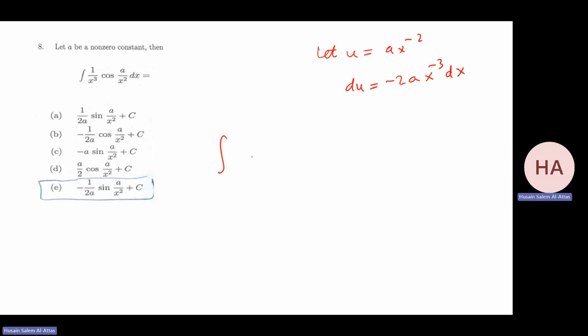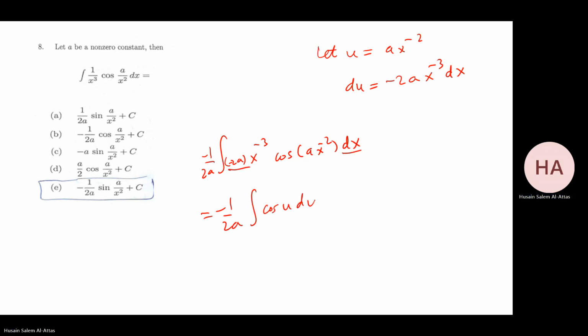This integral x minus 3 cosine ax minus 2 dx, so I need minus 2a, and I need minus 1 over 2a outside. So that will be minus 1 over 2a, this is du, integral of cosine u du. That will be minus 1 over 2a sine u plus c.